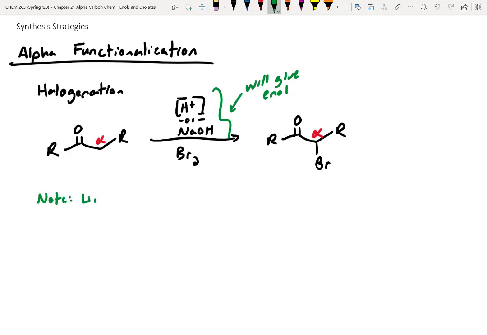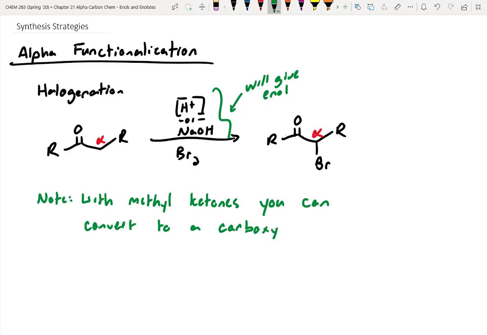One important thing to note is with methyl ketones, you can actually do the haloform reaction. So with methyl ketones, you can convert to a carboxylic acid via the haloform reaction.